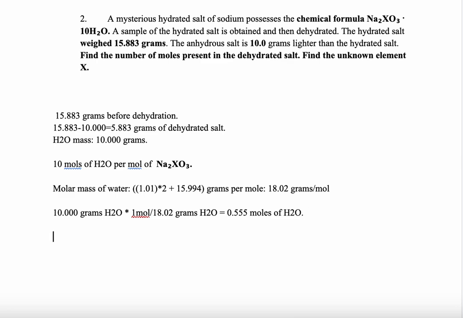So we have that conversion factor right here. So essentially then what we would get is 0.0555 moles of Na2XO3.